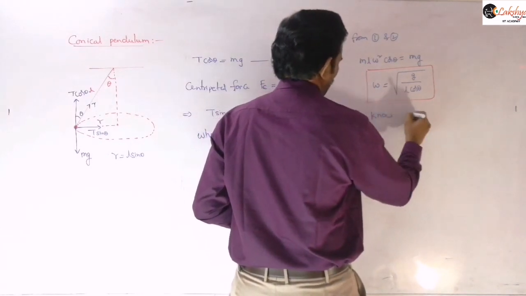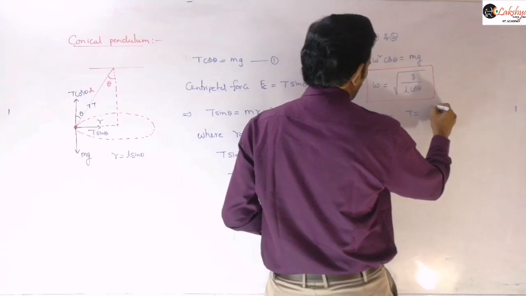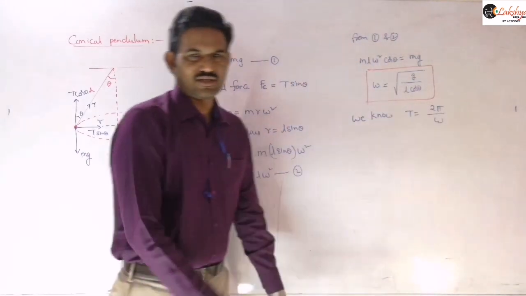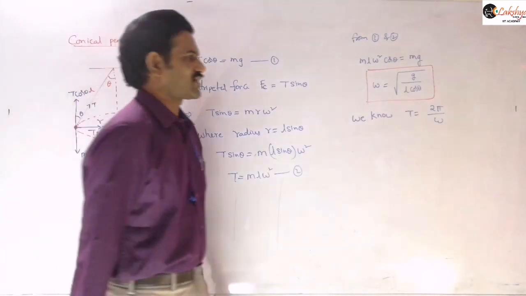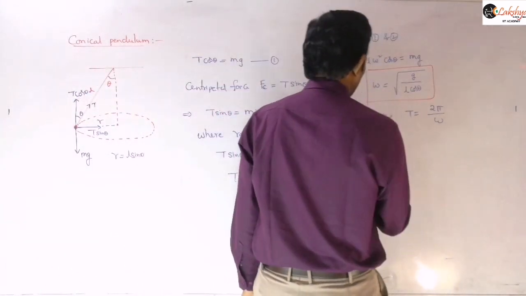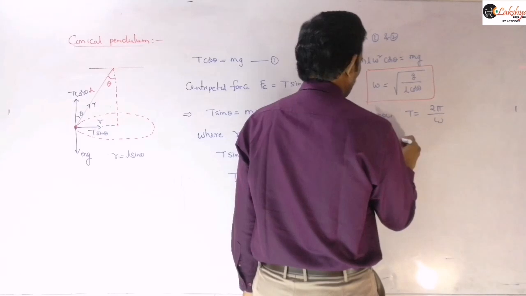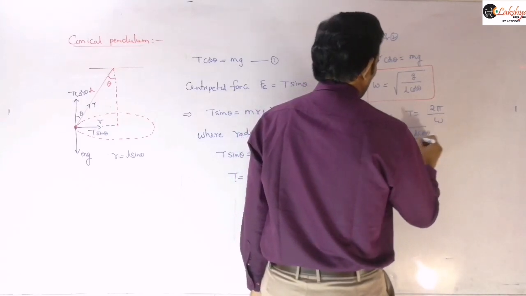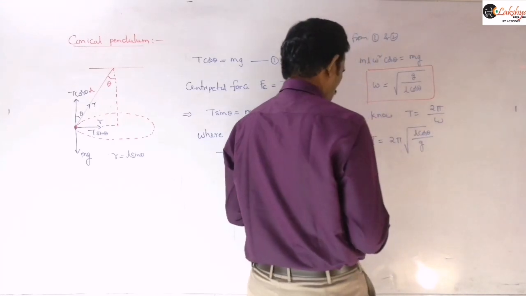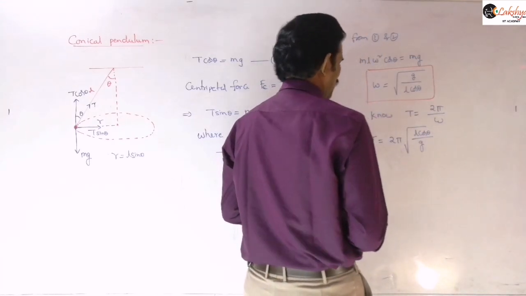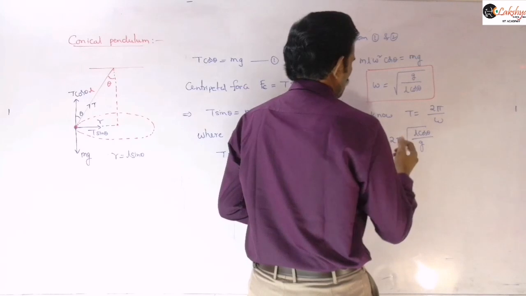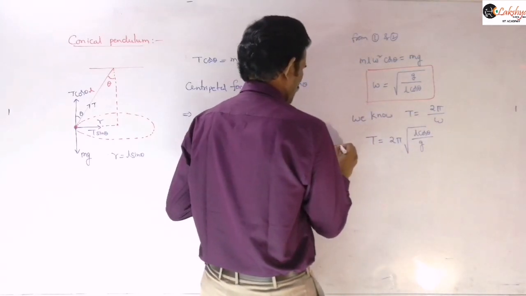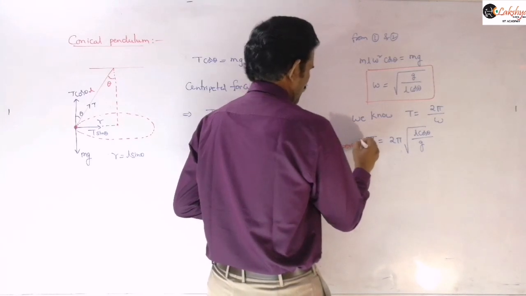We know T is equal to 2 pi by omega, or omega is equal to 2 pi by T. That relation we already mentioned in the beginning of circular motion, and therefore I can write this expression as T is equal to 2 pi into under root of L cos theta by g. So this is our time period of oscillation here.